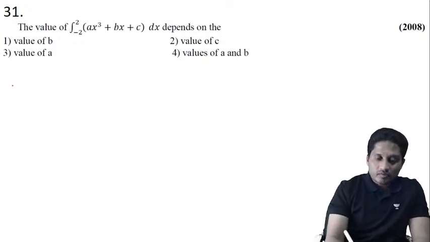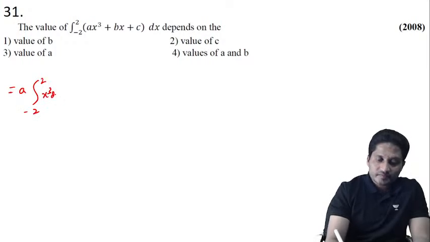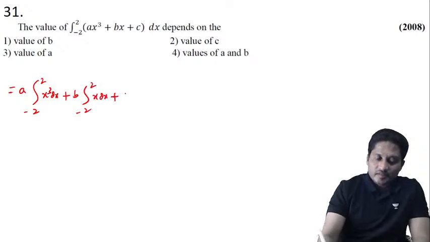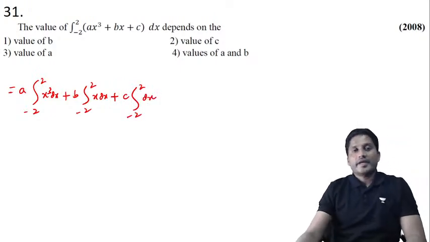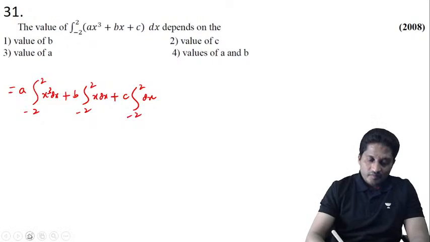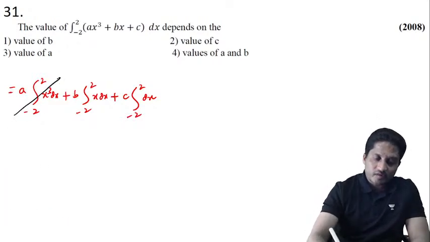See, minus 2 to plus 2, take a outside. Minus 2 to plus 2, and then you get x cube dx. P is a constant, minus 2 to plus 2, and then x dx. C is a constant out, minus 2 to plus 2, and then dx. X cube is an odd function, right? If it's an odd function, I'll use the property, it will be 0.